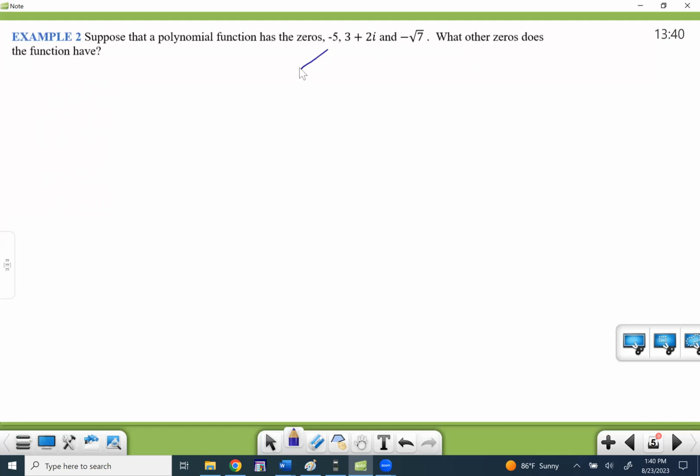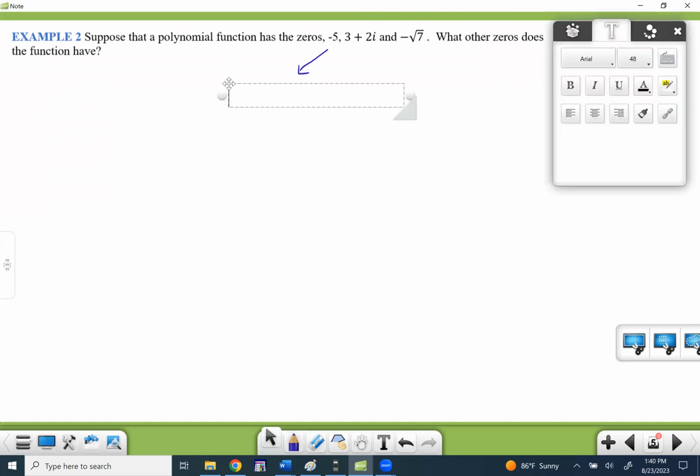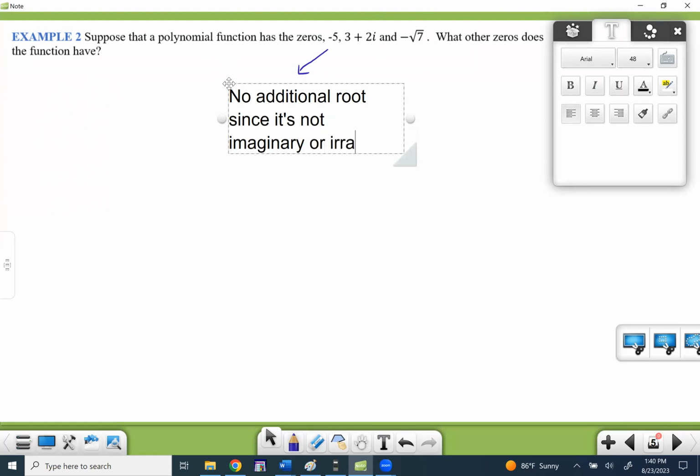Remember, this is not imaginary or irrational, and so it doesn't come in pairs. We've often got -5 as an answer without getting +5, okay? So for this one, we're not going to get any additional root, since it's not imaginary or irrational.